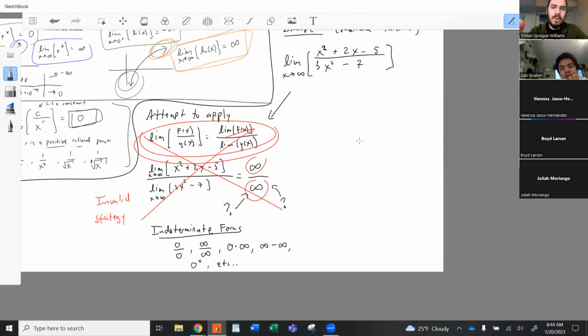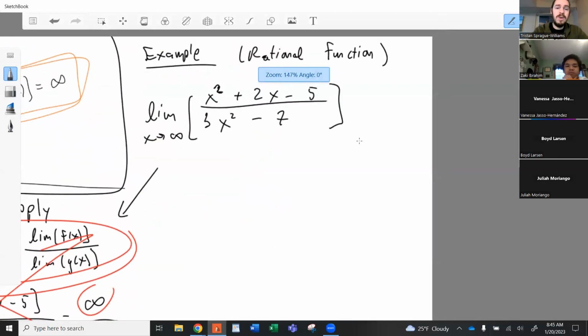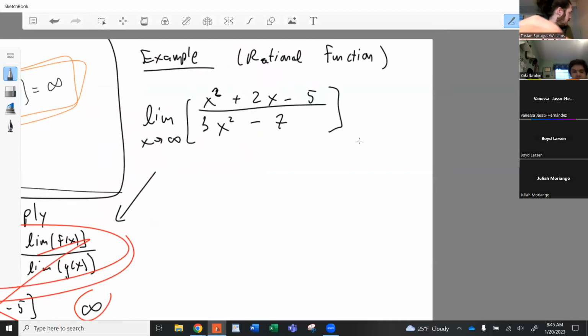So instead, like before, we can apply some algebra to manipulate this expression until we can apply those limit properties. Here's what we can do. We can take this and multiply the numerator and the denominator by something that's going to change the format of this expression.